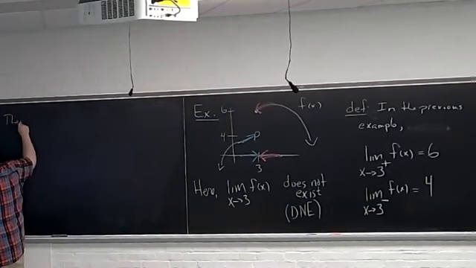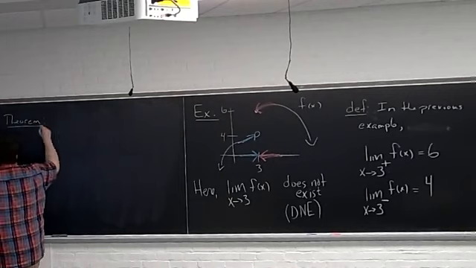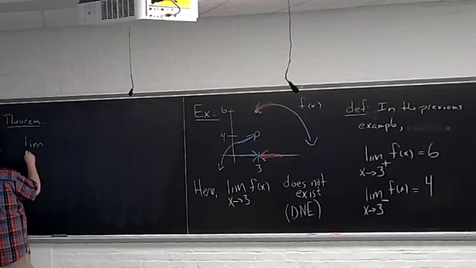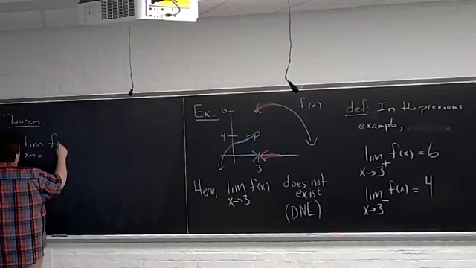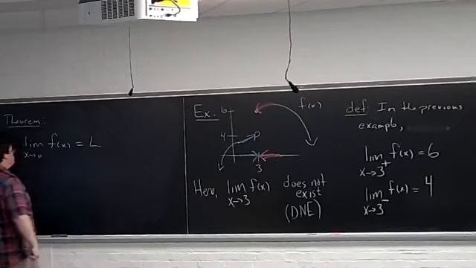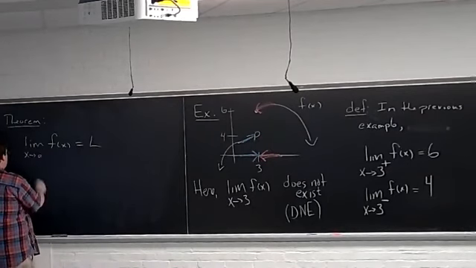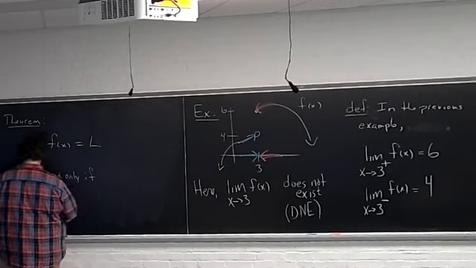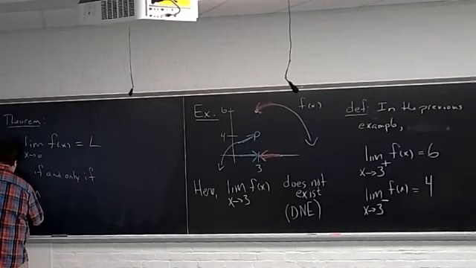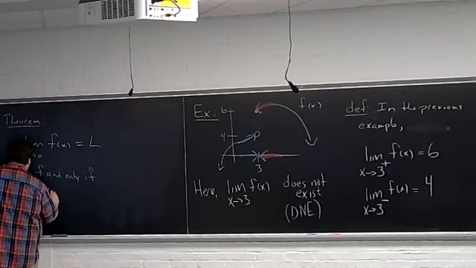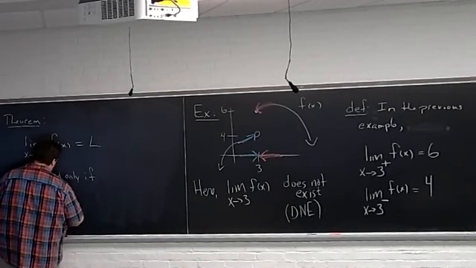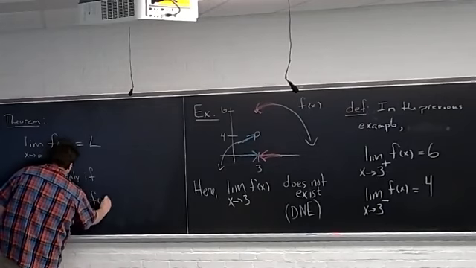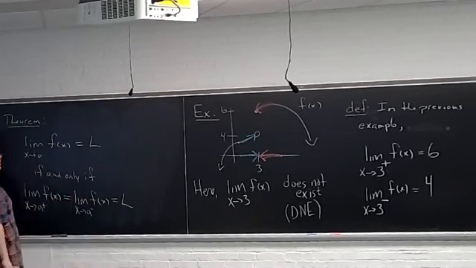I'll just say the limit as x approaches a of f of x does exist and equals the number L if and only if the limit as x approaches a on the right equals the limit as x approaches a on the left, and they both equal that same number.